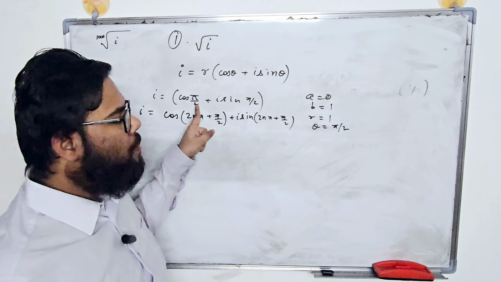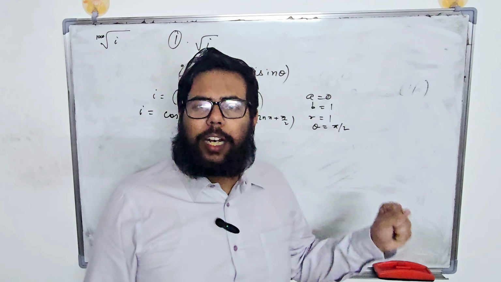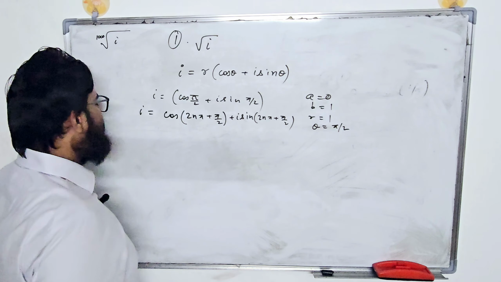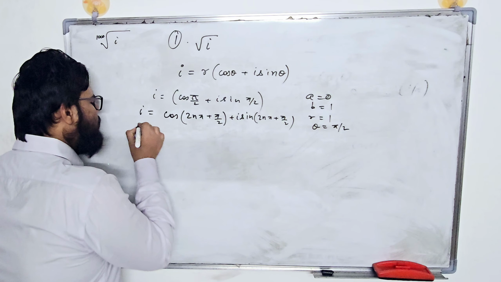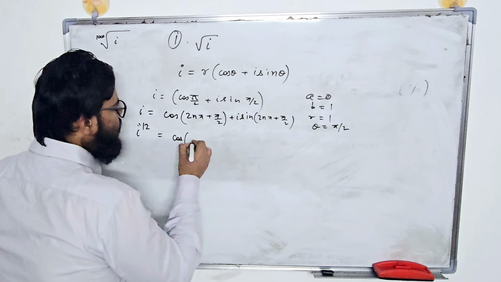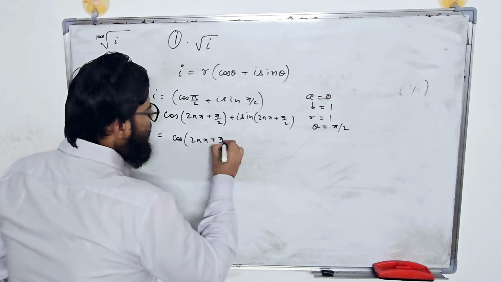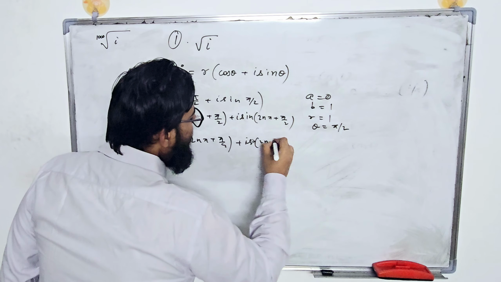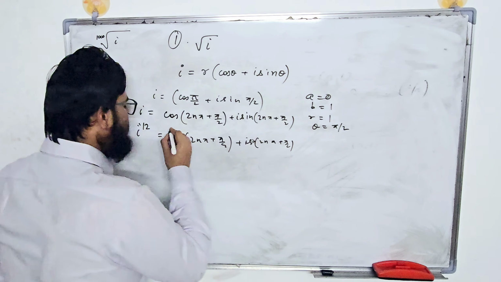So this is the principal argument, and this is the general argument over here. When you take the square root, you get cos of (2n pi plus pi by 2) plus I sin of (2n pi plus pi by 2), all raised to the power one half.